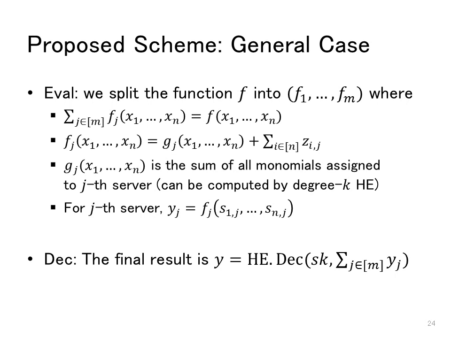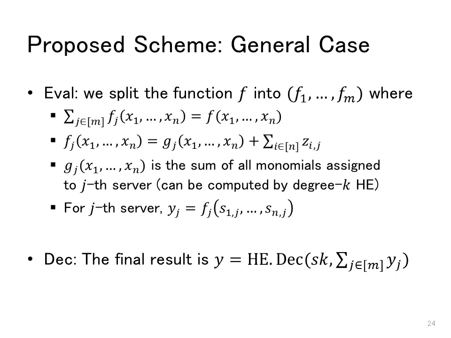The function f_j is the sum of a function g_j and the shares of 0 of the j-th server. The function g_j is the sum of all monomials assigned to the j-th server. These monomials must be computable by degree k homomorphic encryption on the j-th server. Each server then calculates y_j and sends it to the output client.